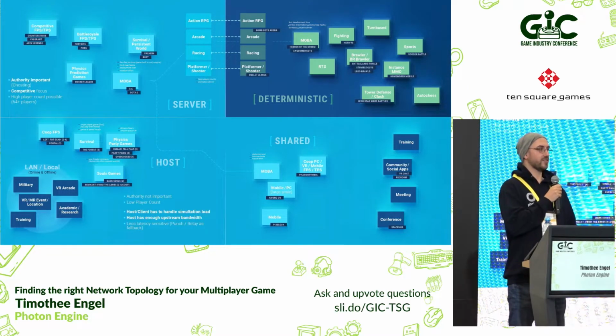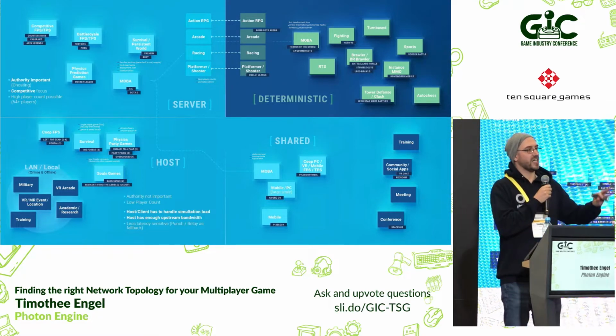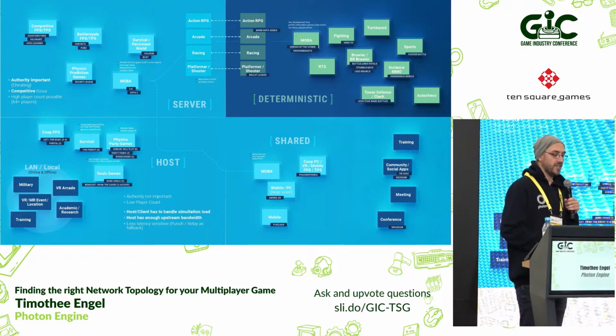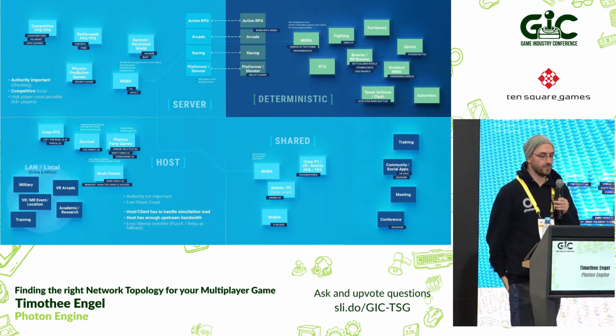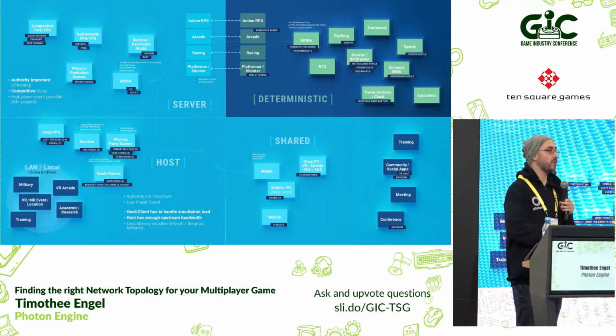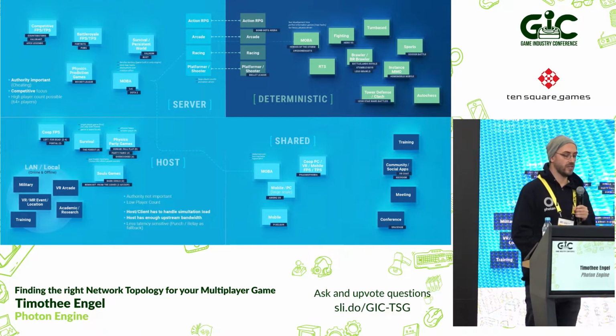Here we have a nice little graph that summarizes, roughly speaking, the different types of games and which topology works best for them. If we just take now FPS games, for instance, which are high-paced and have all possible platforms they run on, these are one of the edge cases that technically could run on any of these topologies.